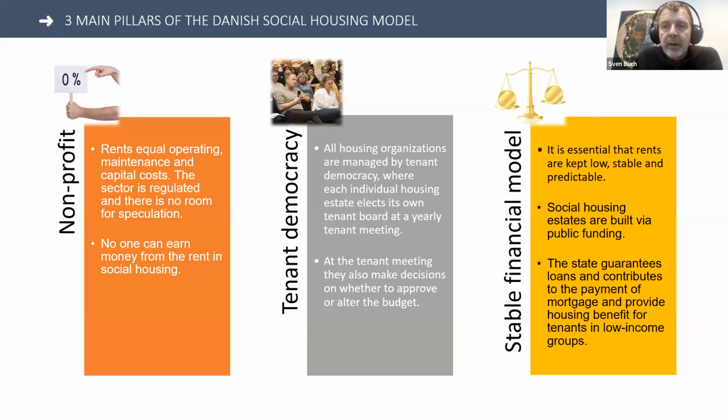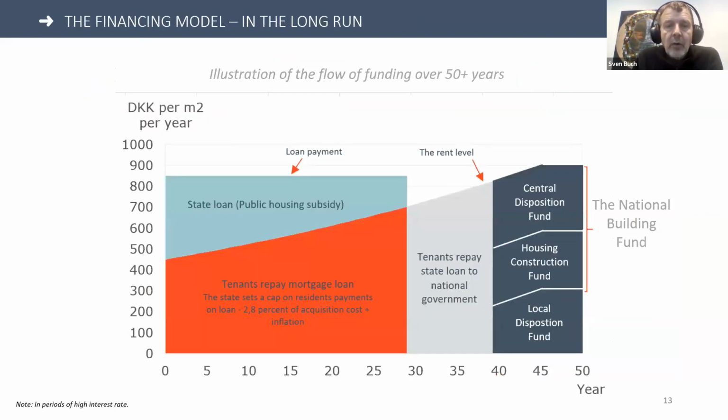About the financial model, we are supported somehow by the state. When we do new build or renovation, we are building on a national building fund which works this way: in the first years in the lifetime of a building, we have a mortgage, and of course the tenants pay by rent most of the mortgage, but then we also have a public housing subsidy.